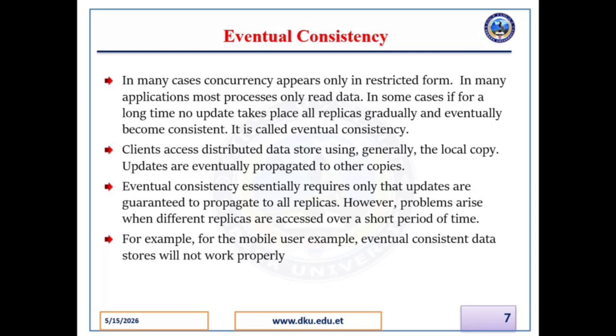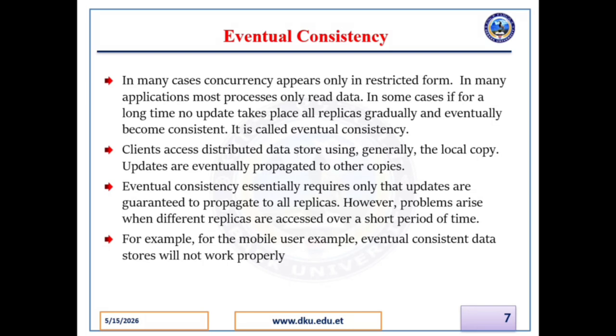This situation is known as eventual consistency. A client accesses the distributed data store generally using the local copy, so updates are eventually propagated to other copies or replicas. Eventual consistency essentially requires only that updates are guaranteed to propagate to all replicas or copies.